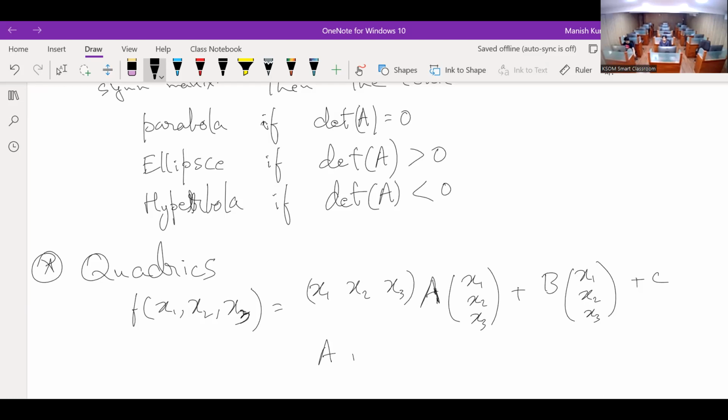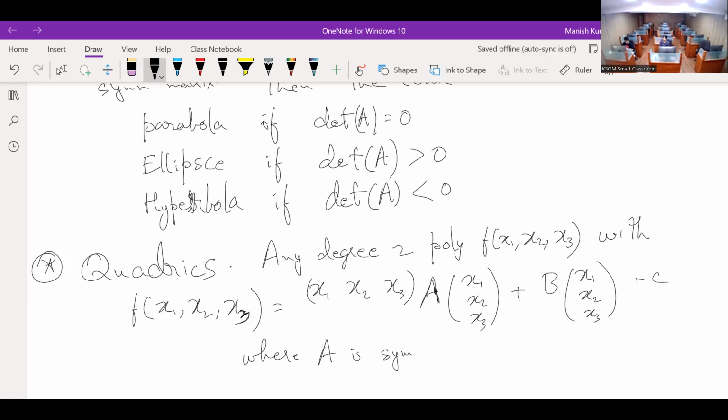So A is symmetric. Any degree 2 polynomial f(x1, x2, x3) with real coefficients can be written this way.